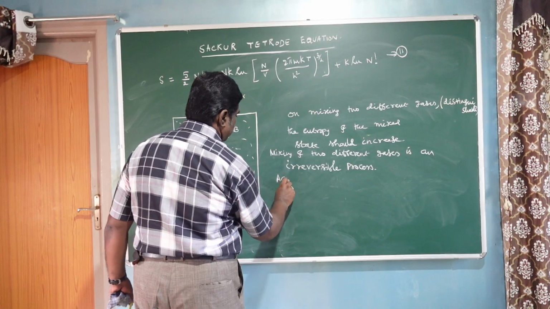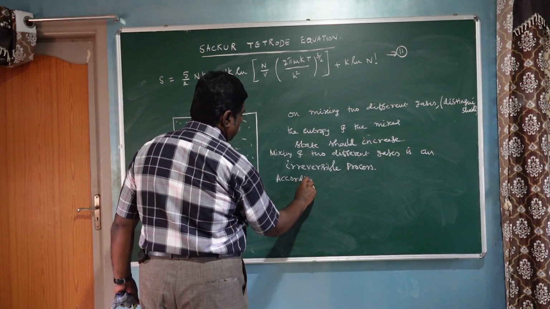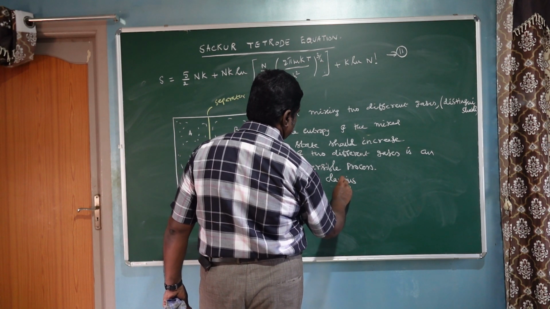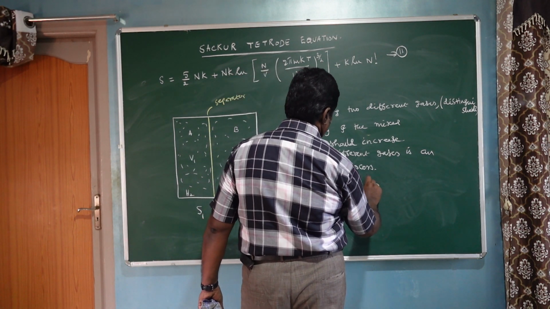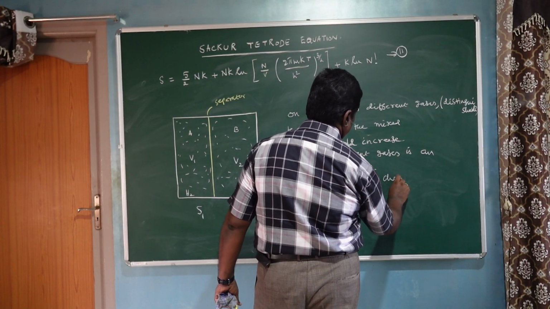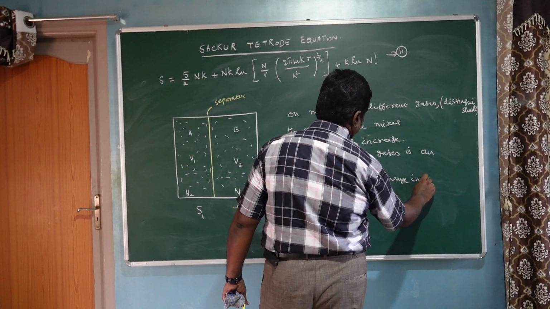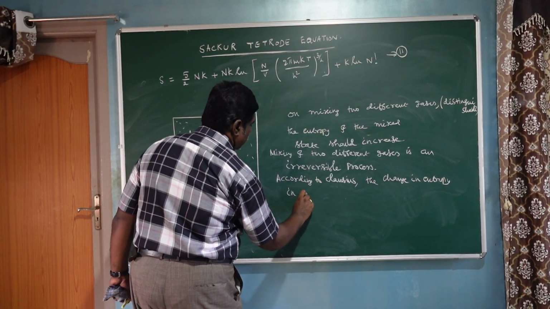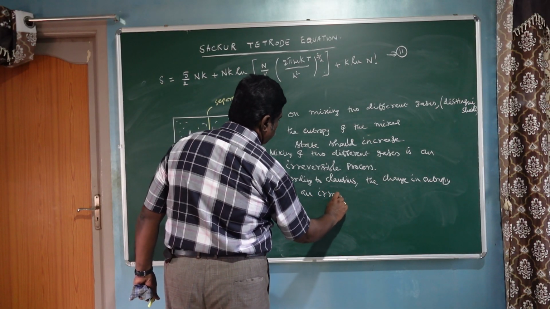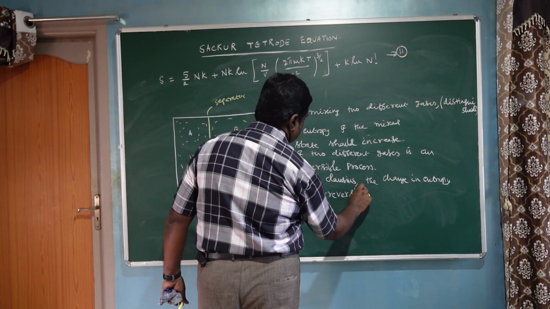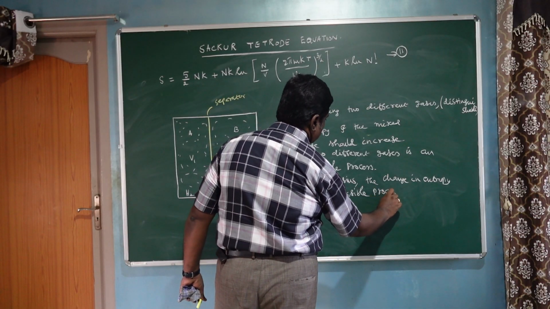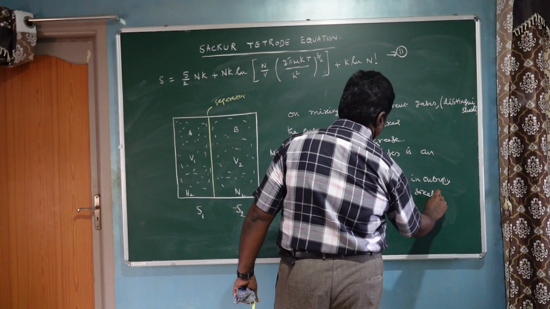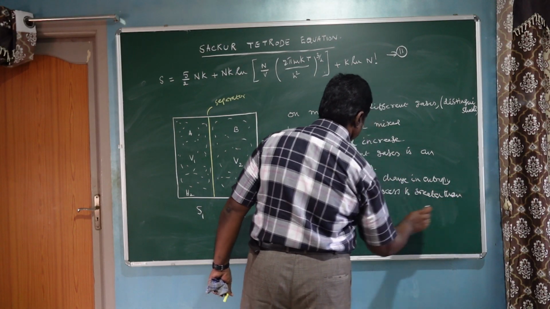According to Clausius, the change in entropy in an irreversible process is greater than 0.